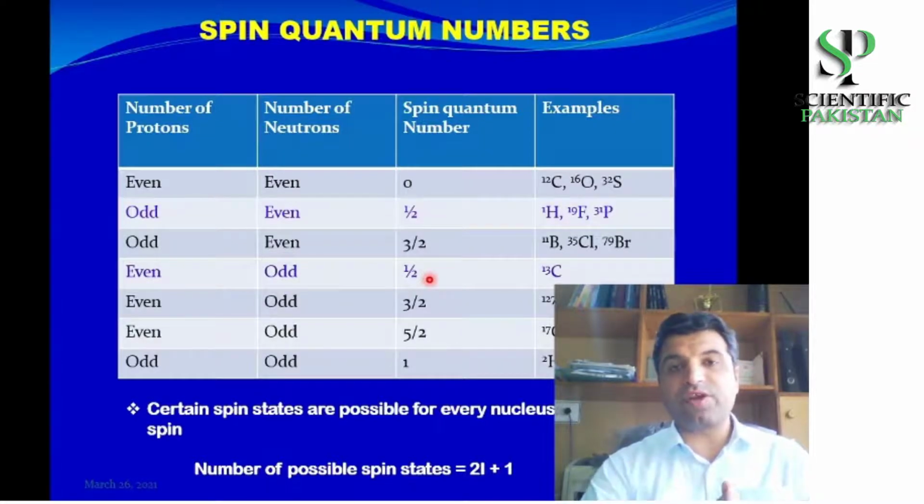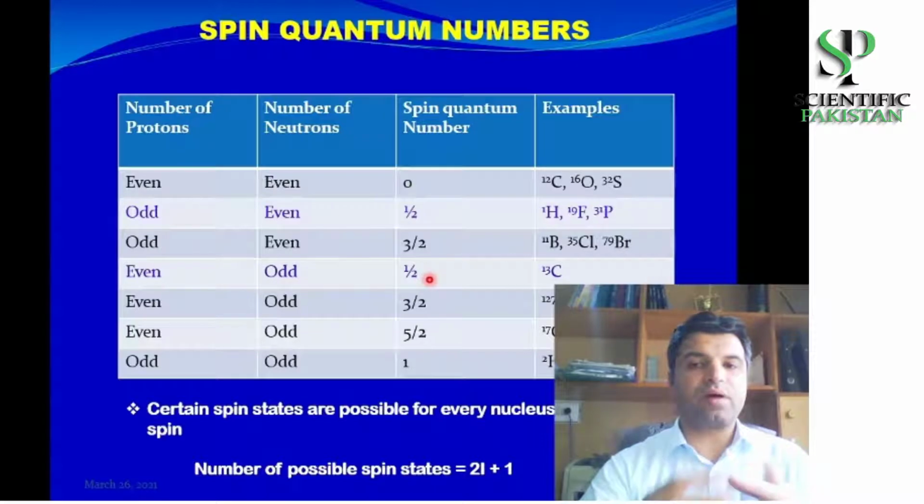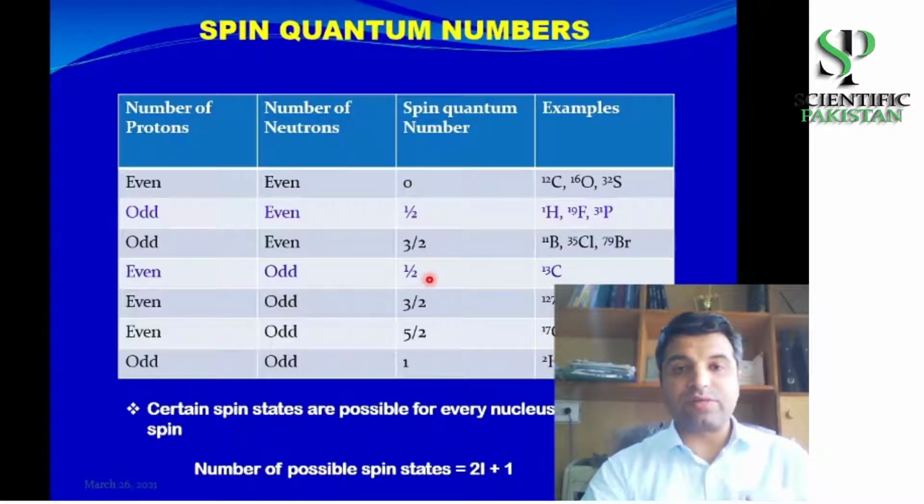But of course, they are different nuclei: their gyromagnetic ratios are different, their magnetic moments are different, their natural abundance is different. So they are different from each other in some aspects. The basic principle of NMR applies equally to both proton and carbon 13, which we will see in a moment.